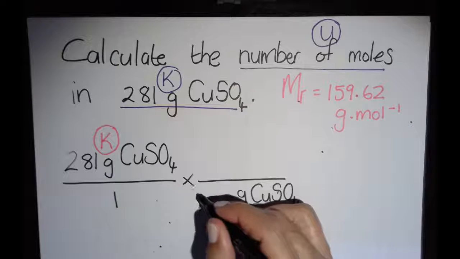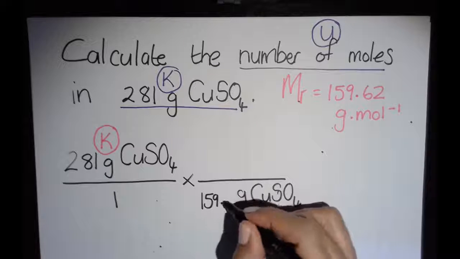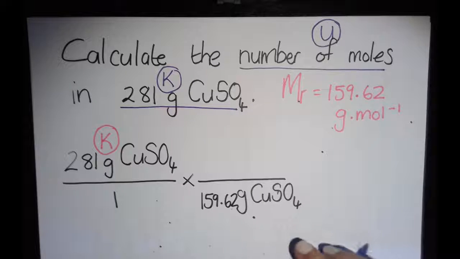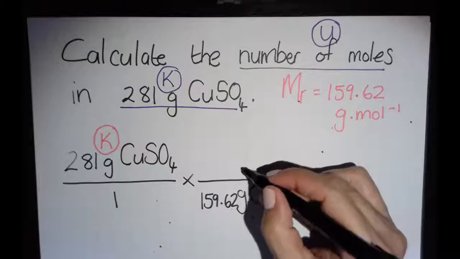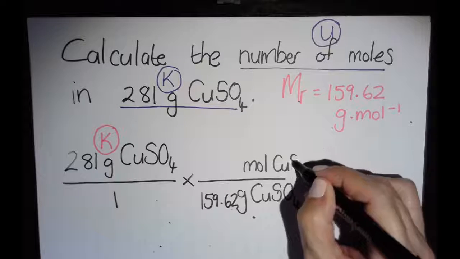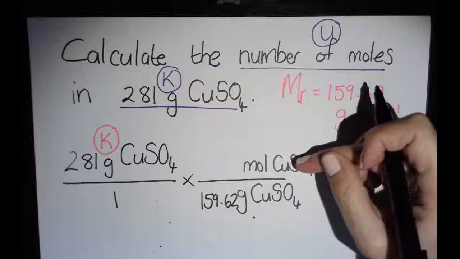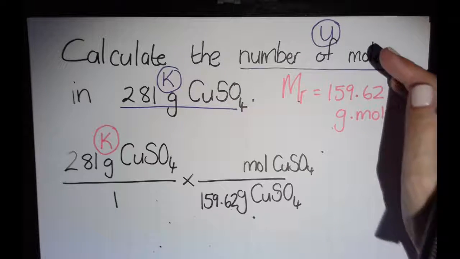In my molar mass, I have 159.62 grams of copper sulfate. What is my unknown? My unknown is number of moles, which means I want to know my moles of copper sulfate. The unknown is always going to be at the top. What you end up with at the top is what you are calculating, your unknown.